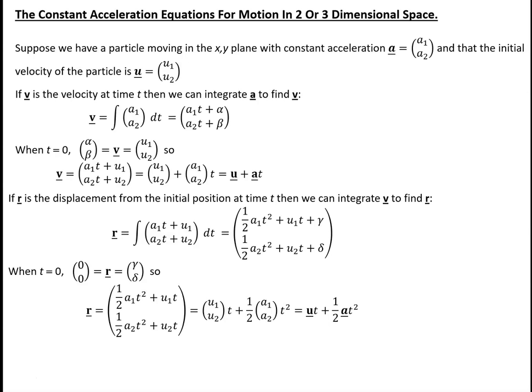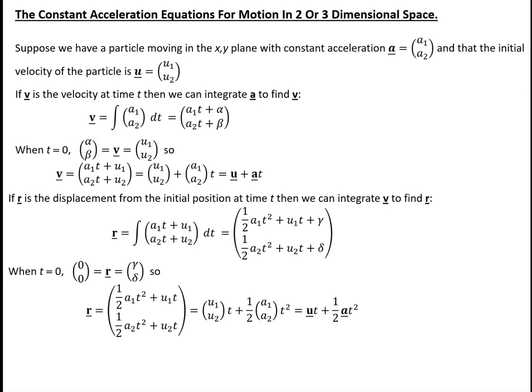That can be rewritten as the vector (u1, u2) times t plus a half of the vector (a1, a2) times t squared. So we've obtained the second of our constant acceleration equations, which is r equals ut plus a half at squared.